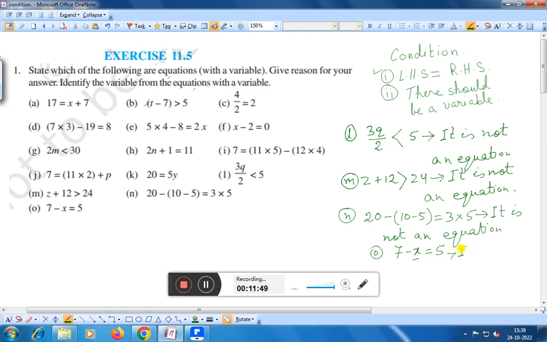Therefore, it is an equation with variable x. This is the solution of question number 1.